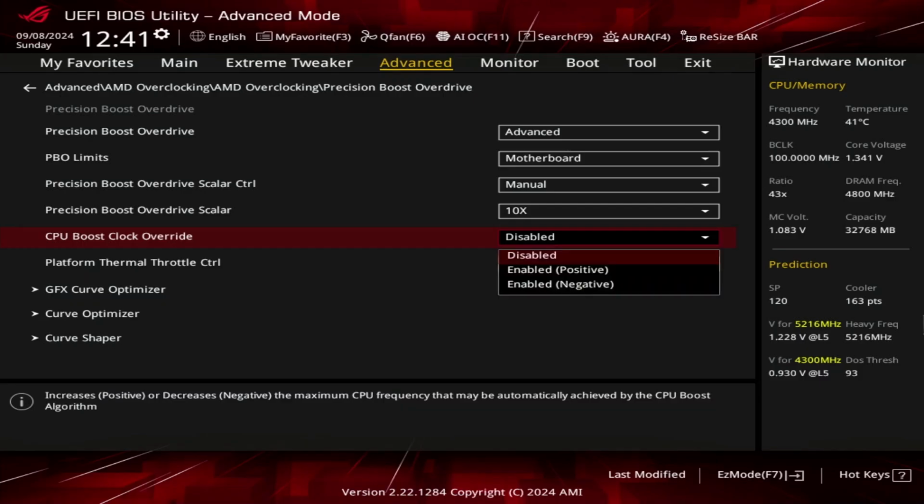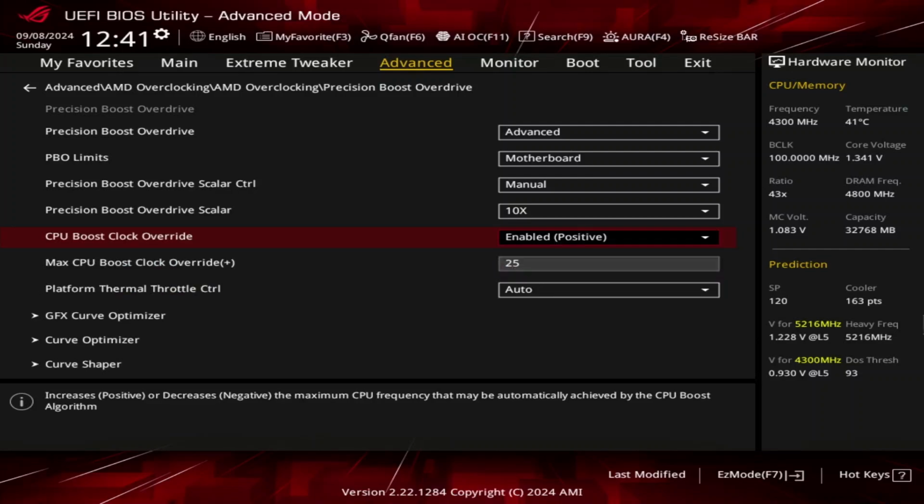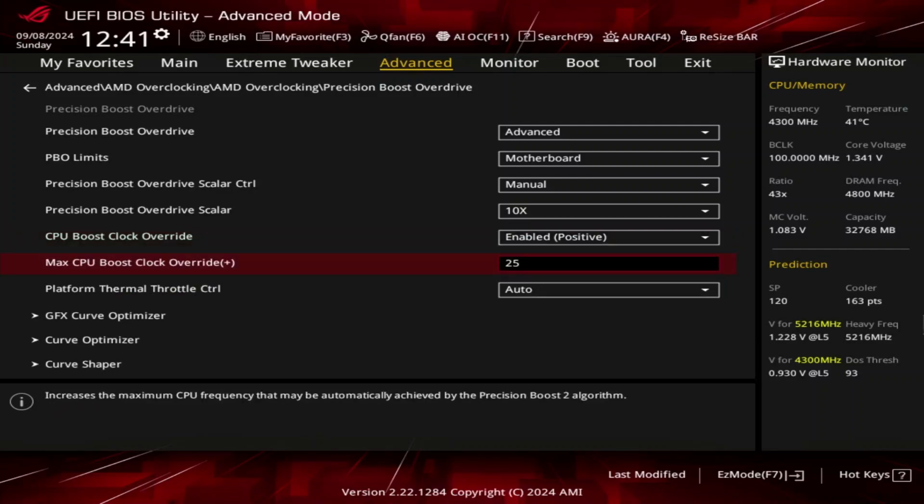Boost Clock Override, or Fmax Override, is one of the tools available in the PBO2 Overclockers toolkit. It allows the user to override the arbitrary clock frequency limit between minus 1000 MHz and plus 200 MHz in steps of 25 MHz. It's important to note that the Fmax override only adjusts the upper ceiling of the frequency and doesn't act as a frequency offset.